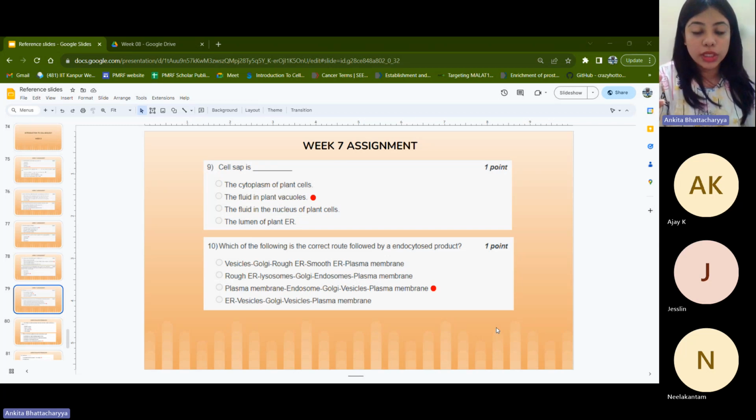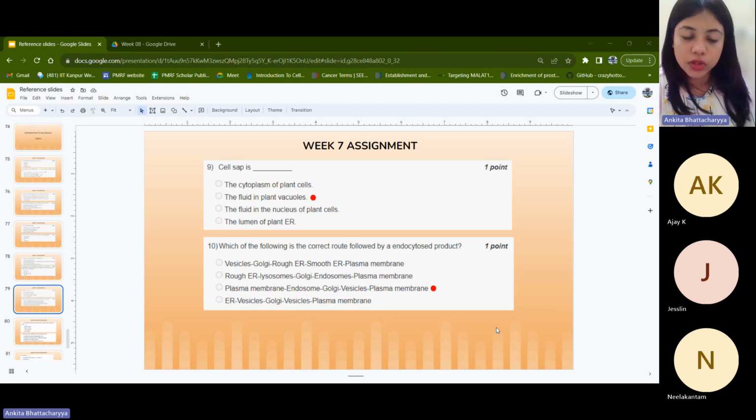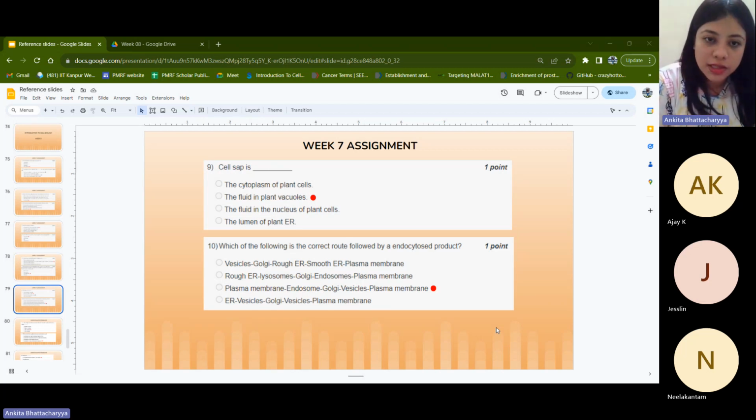What is happening is, let's think of it this way. Think of a differently abled person entering an unfamiliar environment, right? Not the most appropriate example, but just take it as an example for now. In this case, the unfamiliar environment is some sort of resource for the cell, which has to be brought inside the cell.